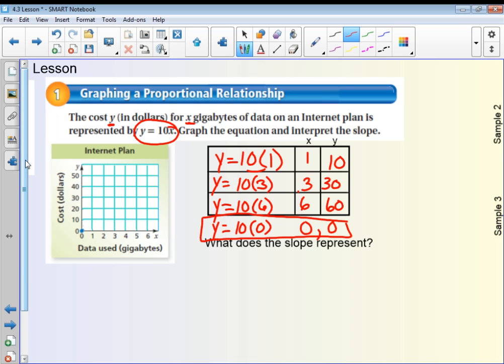Okay, so now we're going to plot our points. Over to 1, up to 10, put our dot. That one's done. Over to 3, up to 30. And if you picked different ones, then your graphing is slightly different, but we should end up with the same line. Over to 6, up to 60.